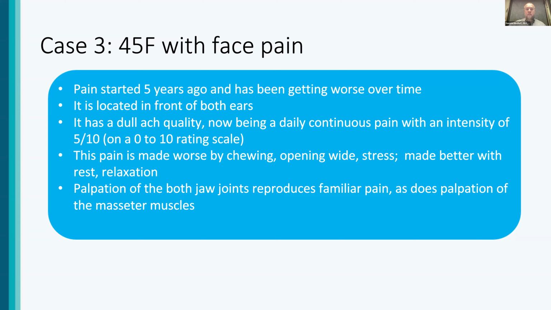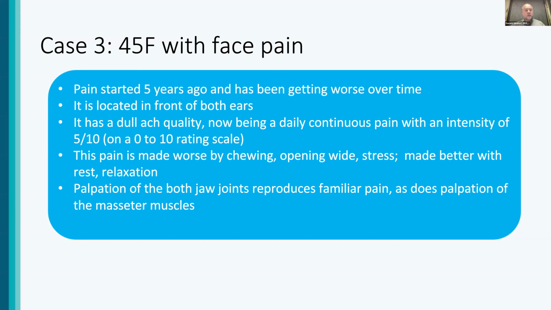For this lady, her pain is made worse with chewing, opening wide, as well as stress, and it's made better with rest and relaxation. And from a physical exam perspective, palpation of both the muscles of mastication, in this case the masseter muscles, and the jaw joints, which are in front of the ears, and when you move your jaw side to side, you can feel them moving, reproduces the type of pain.